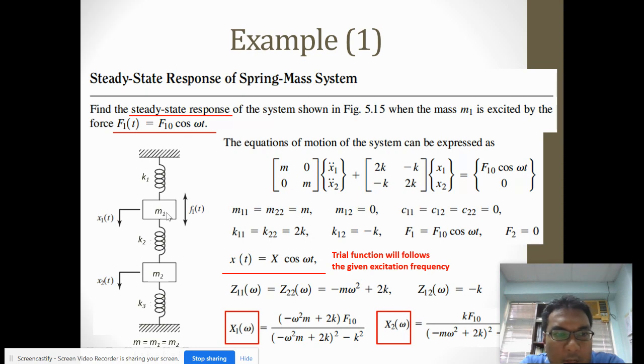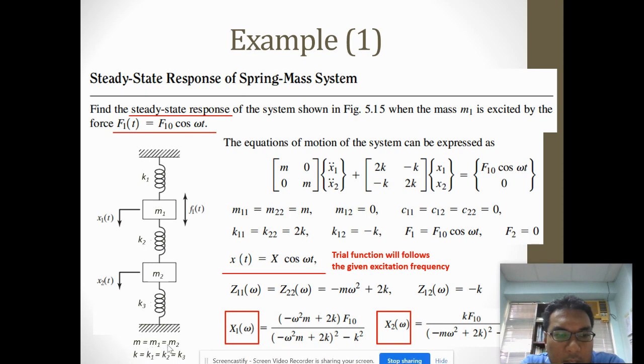You can assume that m1 equals m2, and k1 equals k2 equals k3. For this case, they assume that all the given values are the same, so that it simplifies like this, m, 2k and 2k. If not, then you should have m1 and m2, k1 plus k2, k2 plus k3 and so on.